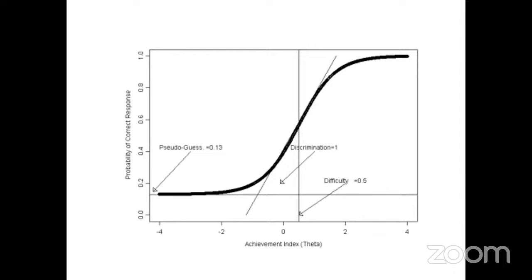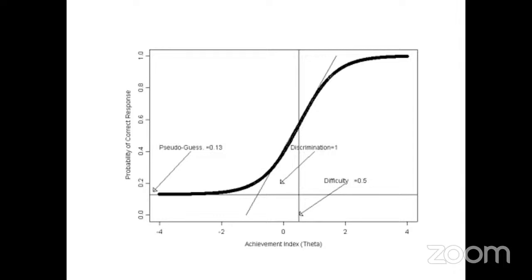What is the difficulty level? What is the discrimination index? What is the guessing parameter? Where the item is located, and how it is differentiating or discriminating among people. All that information you can get from this one single curve, the S-shaped curve.